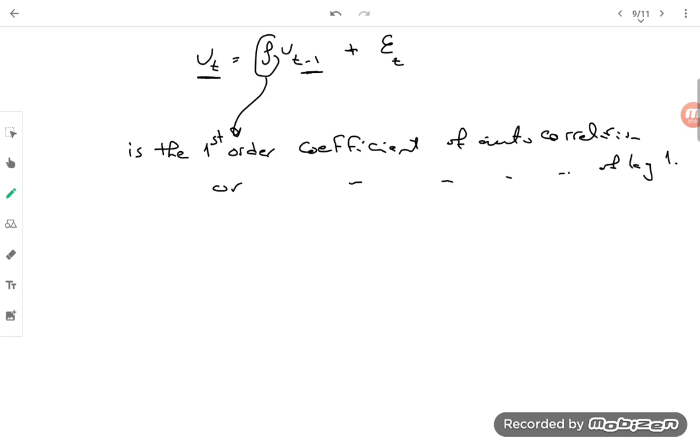What are the main properties of AR1? Number 1, the error term in year t is correlated with not only its value in the past year, but also with its values in several years in the past.